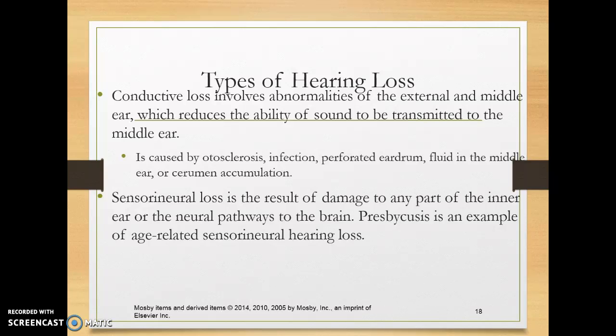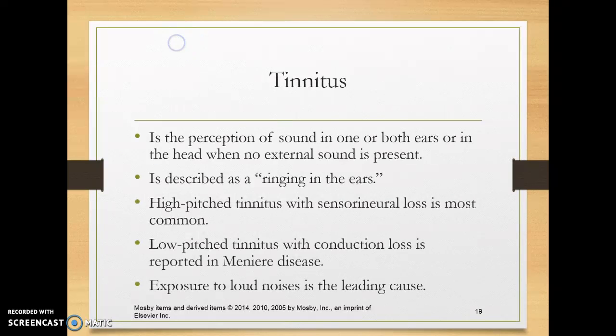And then there's sensorineural loss, which is the result of damage to any part of the inner ear or the neural pathways of the brain. So you just want to know that though there's hearing loss, we've got to get to the bottom of what exactly is causing it, and that there's more than one type of hearing loss.